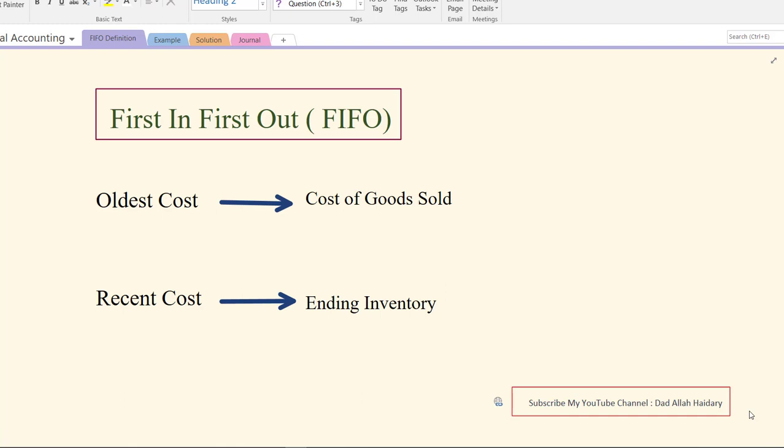If you have any confusion about the concept of inventory, the cost of goods sold definition, the beginning inventory, the purchases, or the ending inventory, please watch another video which is already available, and that explains the different concepts and terminologies used in inventory costing. So students, let's move to the example.